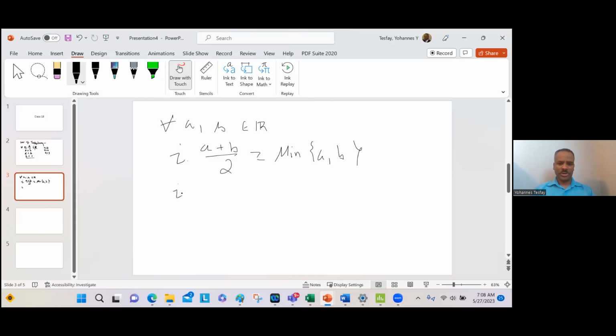And the second one is for any real numbers a and b, (a plus b) over 2 is always less than or equal to the maximum of a and b. Okay. And so first you need to prove just one of these.